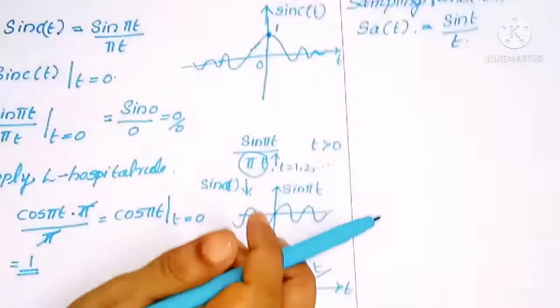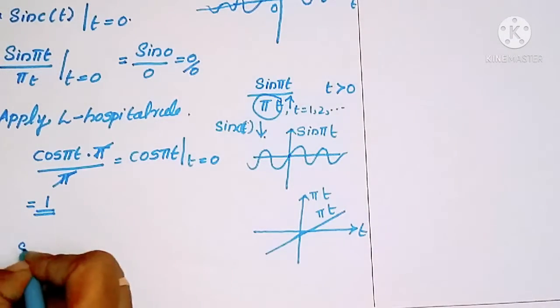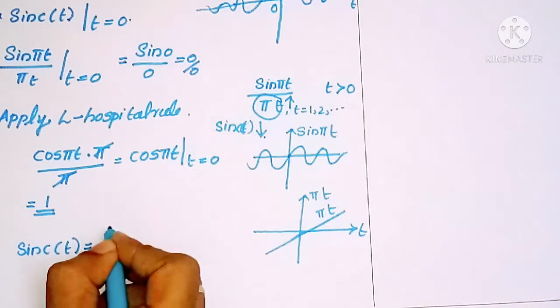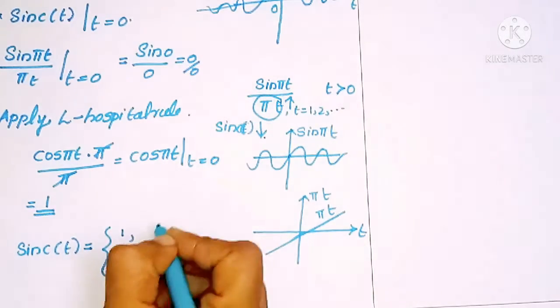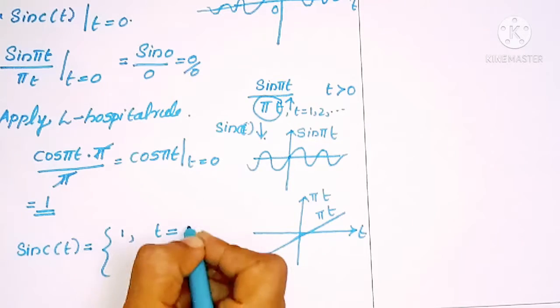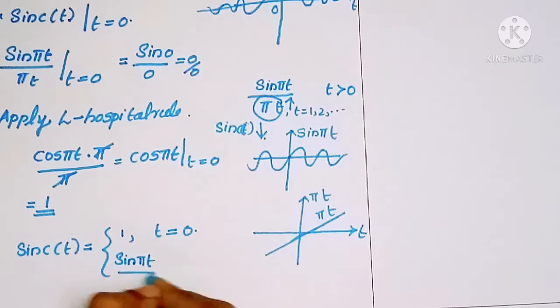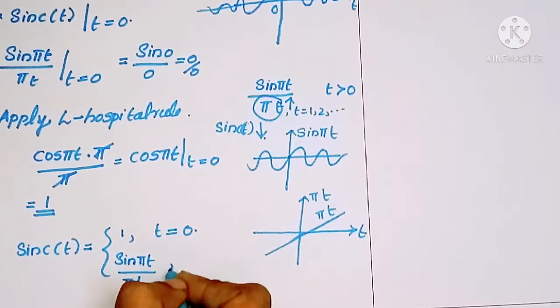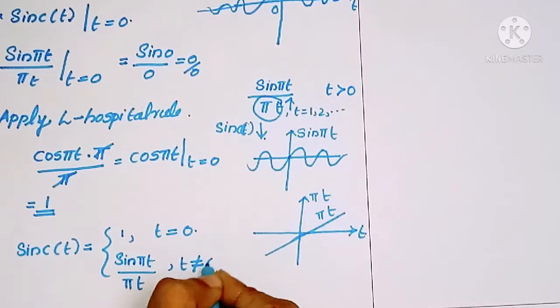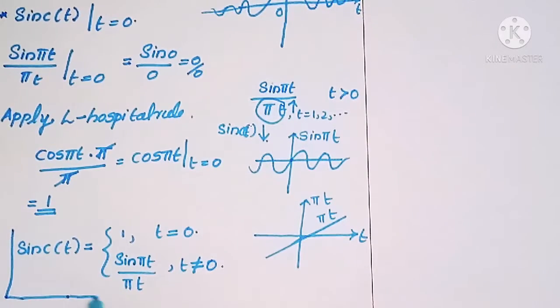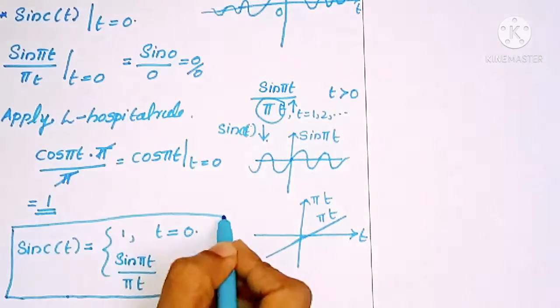So we can define the sinc function. Sinc of t is equal to 1 when t equals 0, and equal to sin pi t by pi t when t is not equal to 0. This is the actual definition of a sinc function.